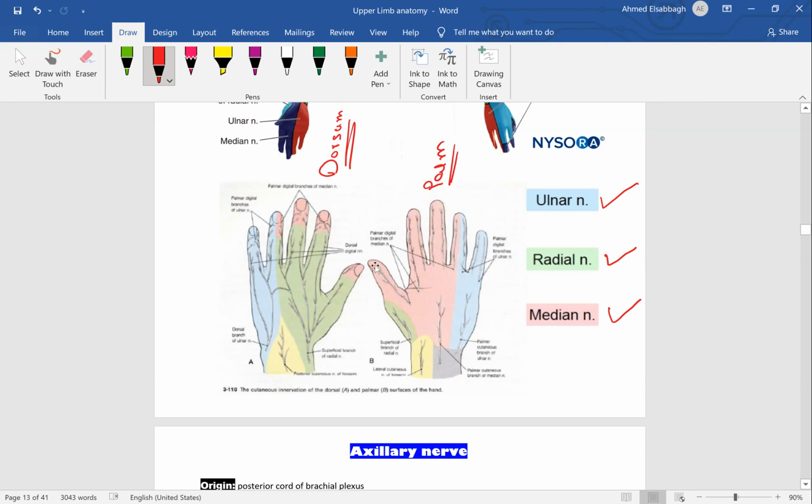This is the median nerve. The radial nerve supplies the lateral 2/3 of dorsum of hand and lateral 3.5 fingers on dorsum of hand. So this is an area and the fingers are another area.